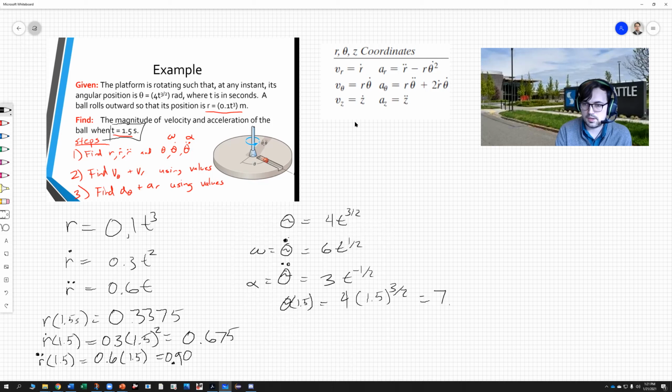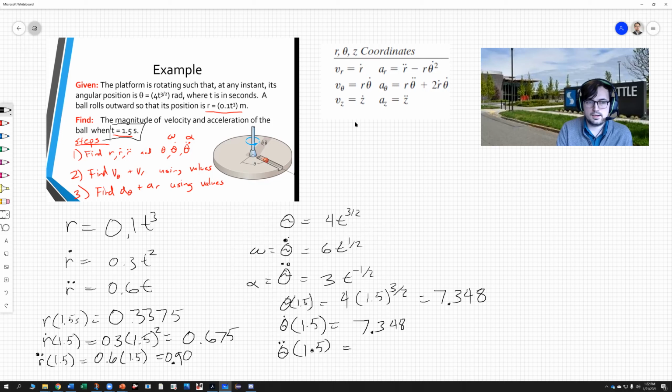This will be 7.348. Theta dot at 1.5 seconds is 6 times 1.5 to the 1/2 power. That will also be 7.348. And theta double dot at 1.5 seconds is 3 divided by the square root of 1.5. So take the square root, divide into 3. This will be 2.449.